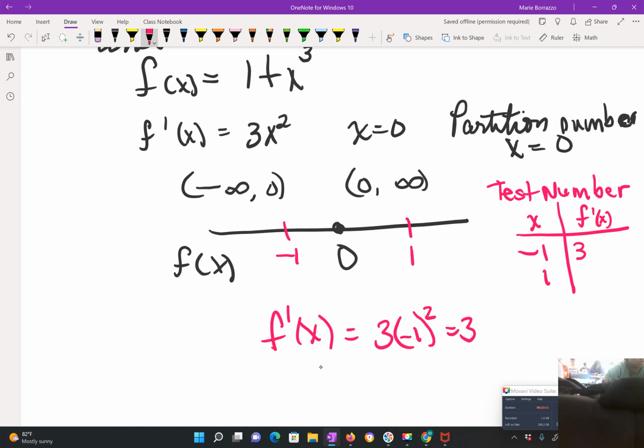If I take that first derivative at 1, obviously this is going to be positive as well, because this is simply 3 times 1 squared, which is 3. That's also positive. And that's telling us that the test number, in other words, the sign chart, indicates that f of x, the red function that I originally showed you, is increasing on both sides, left and right. Make sense?